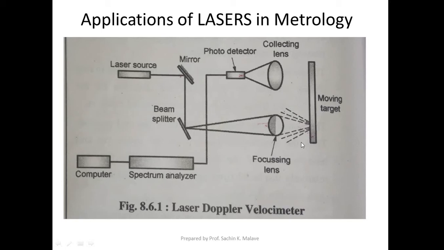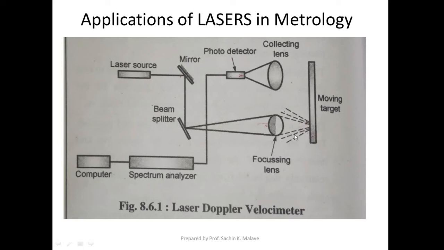This is the measurement volume, causing interference fringes, because this light has some frequency and the object is moving in this fashion. So whatever the frequency of this light is, that will be changing.